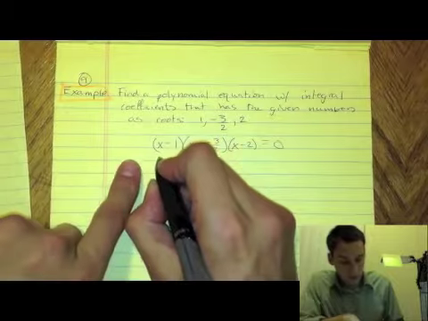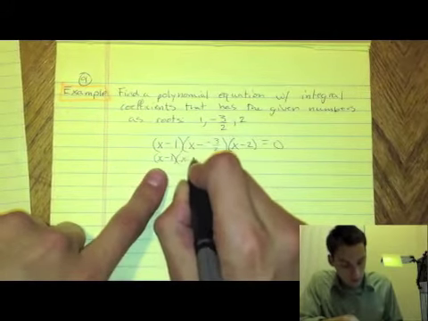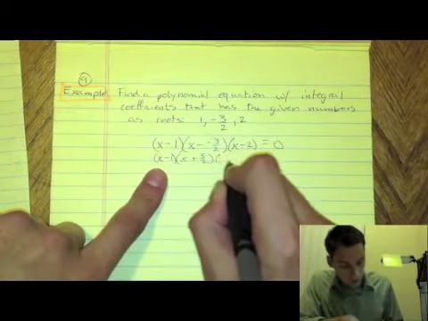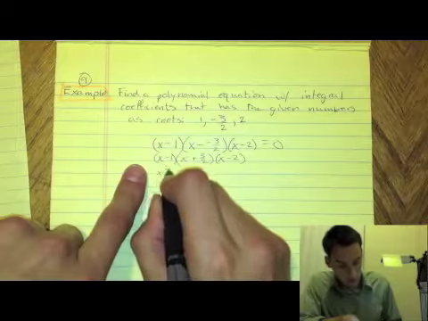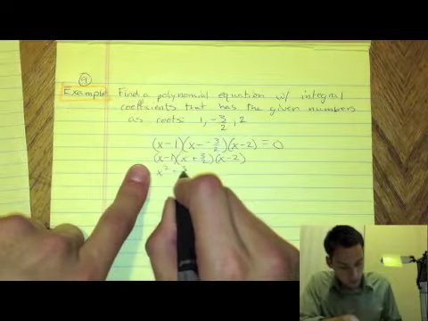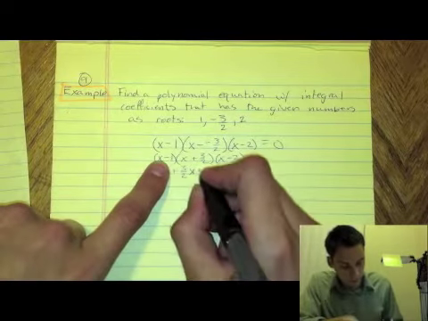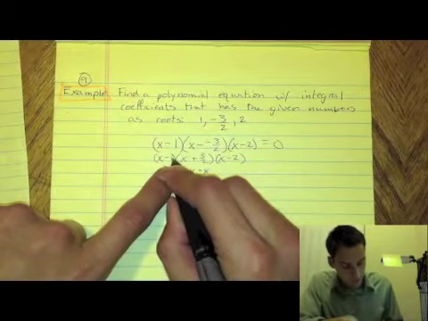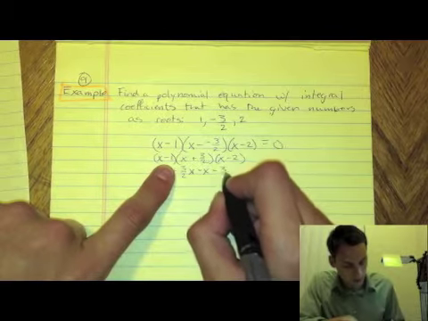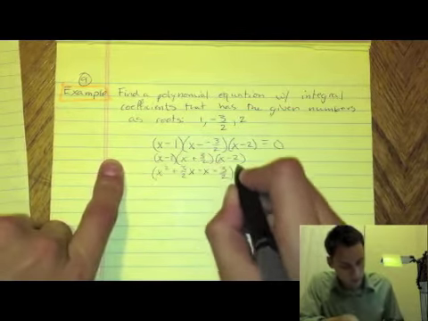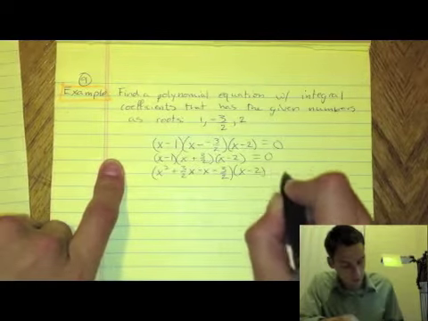So what I'm going to do here is just multiply. x minus 1 times x plus 3/2 times x minus 2. So I'm going to have x squared plus 3/2x minus x and minus 3/2, times x minus 2, equals 0.